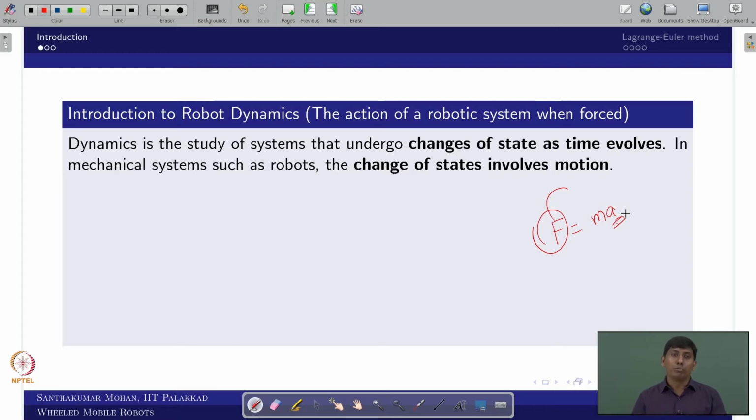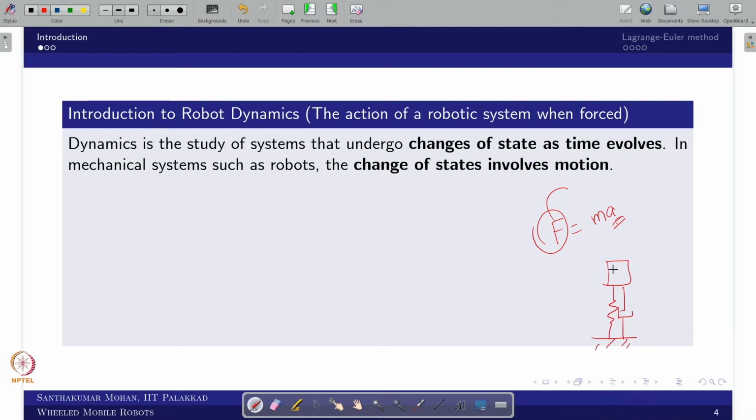For example, recall your second order system response. I am taking a mass spring damper system just for understanding. If I give a force F, the mass gets displaced by x. I assume it is one dimensional, moving only upward and downward.